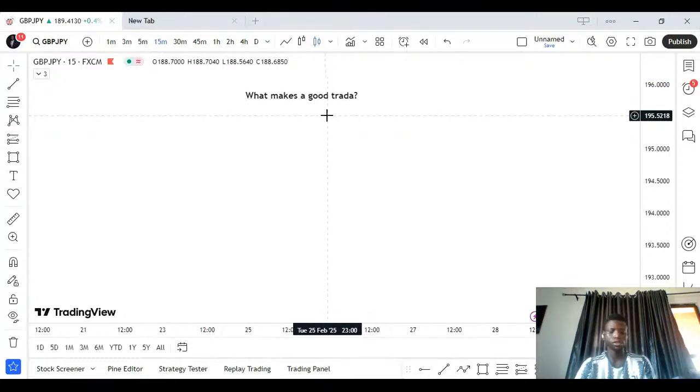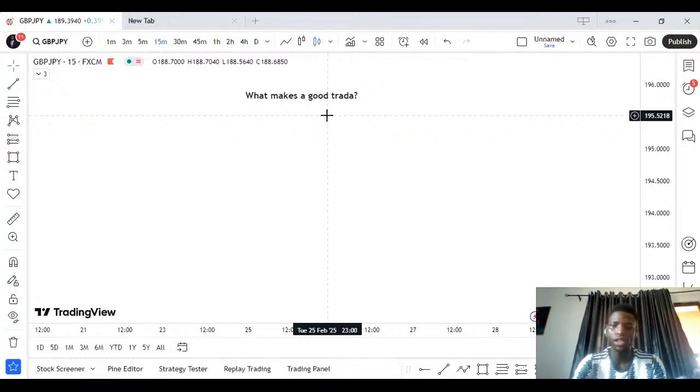Like I told you guys, whatever strategy you trade is fine. Support and resistance, price action, candlestick, price action patterns. Whether you trade head and shoulder pattern, rising wedge, and all of those things.